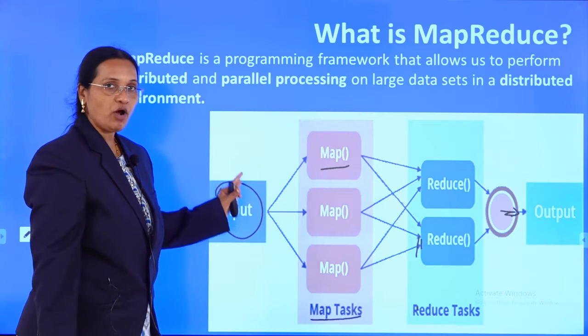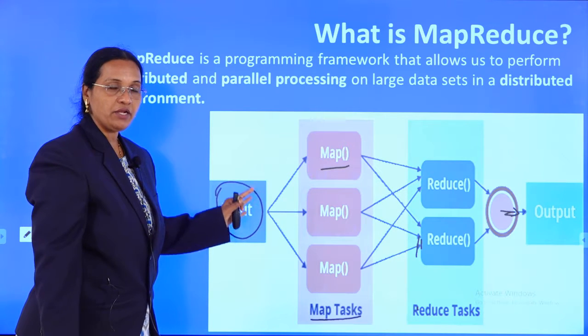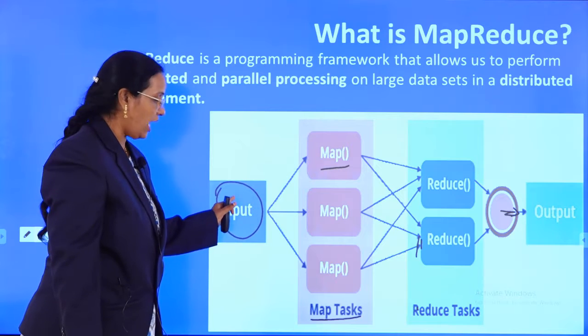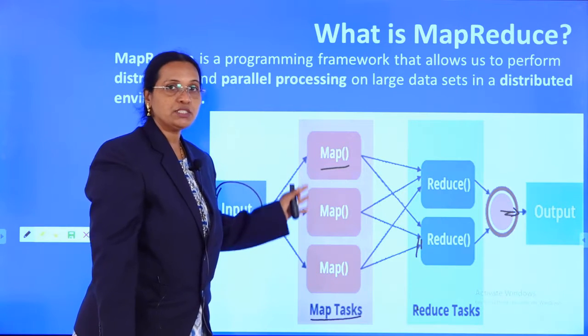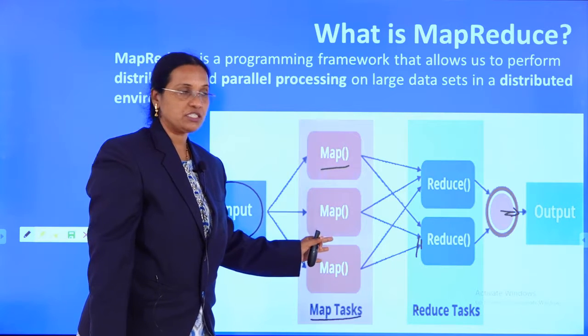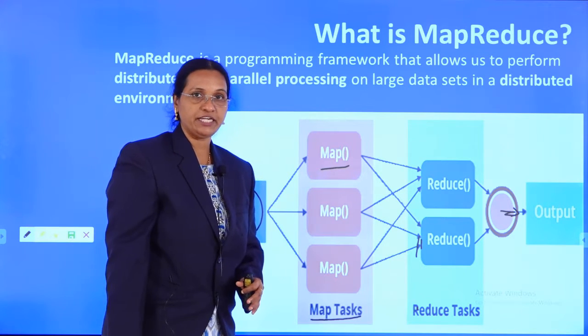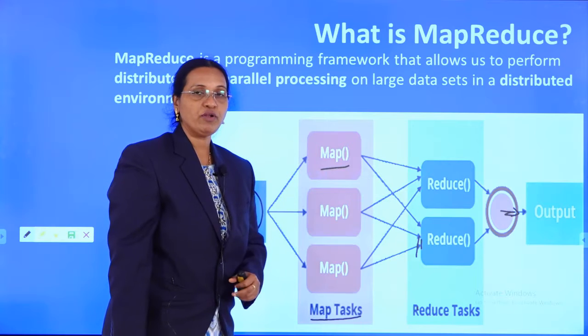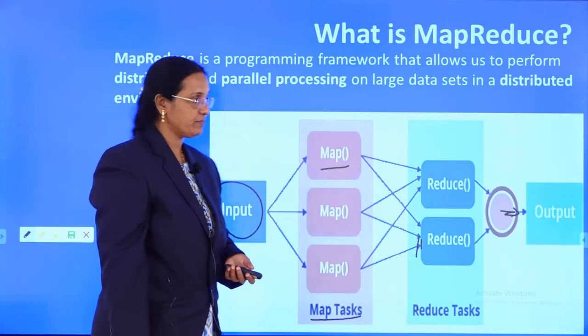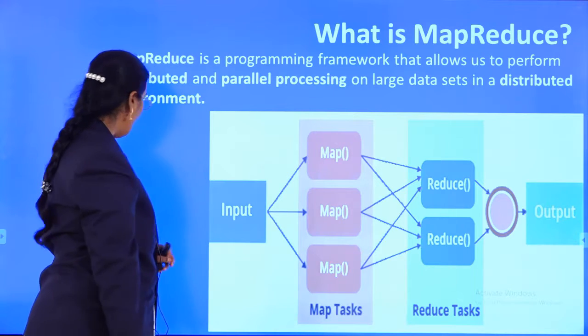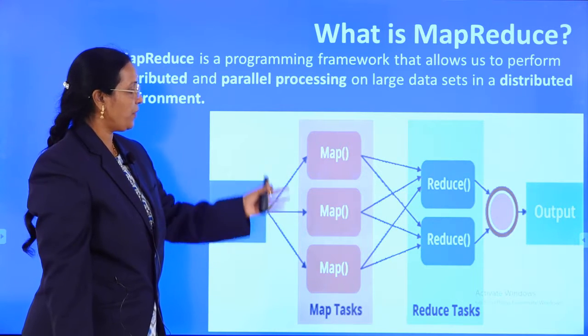This diagram demonstrates that the map and reduce take the large data as an input, the map phase comes first, then the reduce phase comes later, and the final output is given by the reducer. In this fashion MapReduce works.